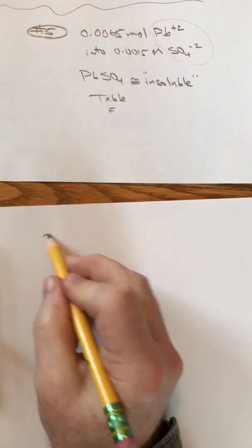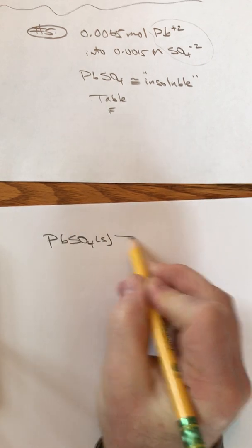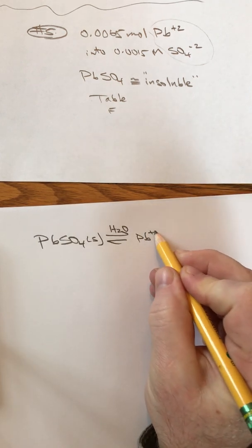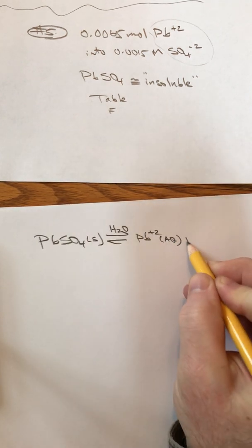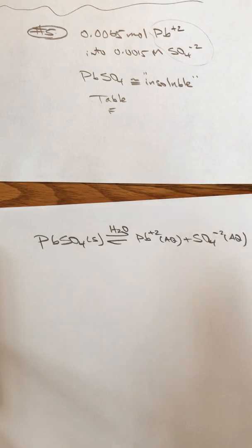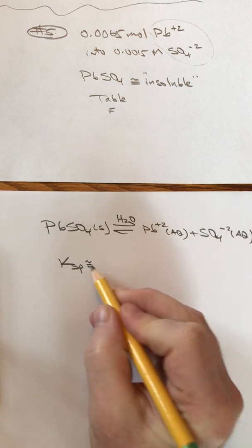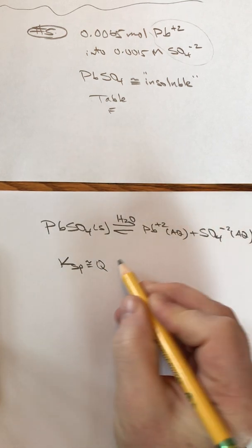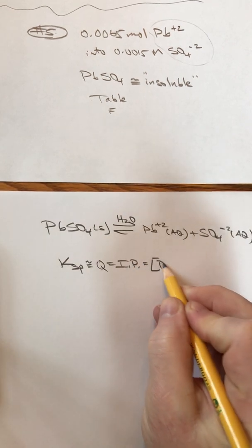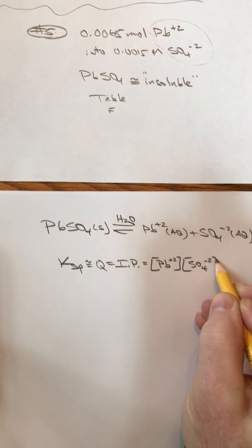So if I had PbSO4 solid in water, I would have Pb plus 2 ions, aqueous, and SO4 negative 2 ions, aqueous. And my KSP expression, which is basically the same math as I would use for Q, the mass action expression, which is in this case called the ion product, is simply the concentration of Pb plus 2 times the concentration of SO4 negative 2.